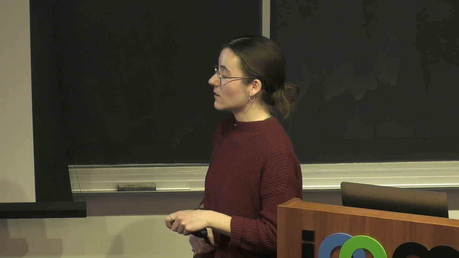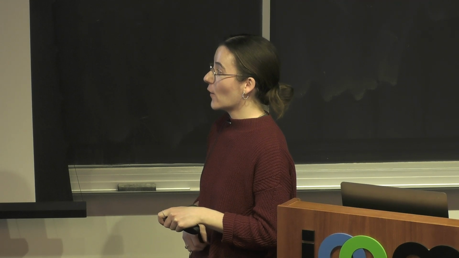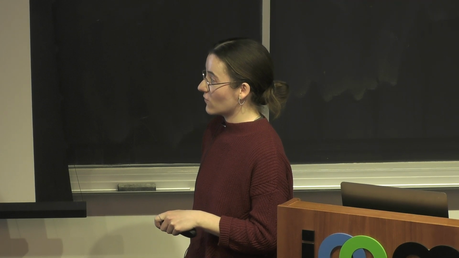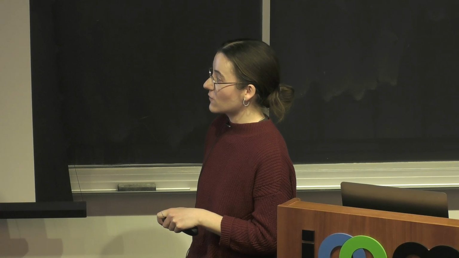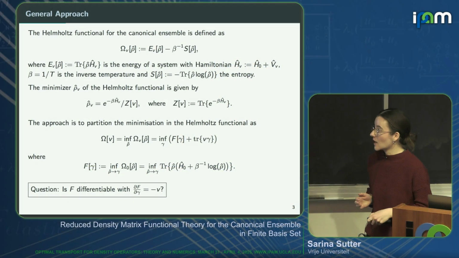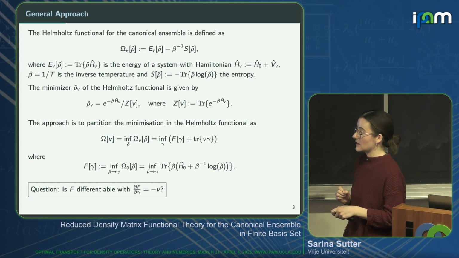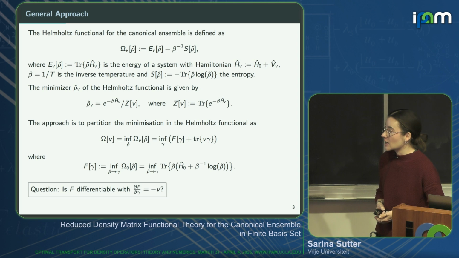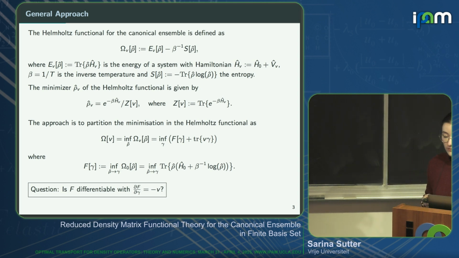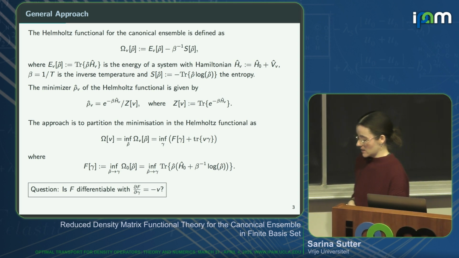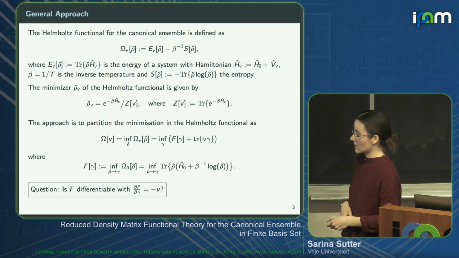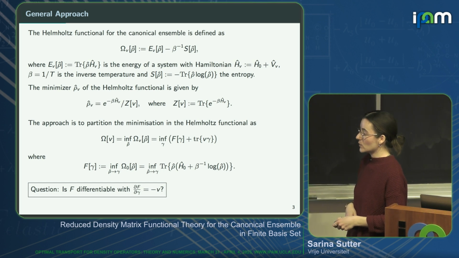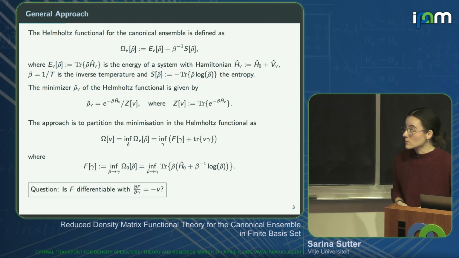And then if we take the derivative, we have here the derivative of the universal functional. And if we see this as v times gamma, then the derivative would just give v, so we would expect this relation here: if we take the derivative with respect to the 1-RDM, and here we mean the ground state 1-RDM, we would get minus the potential.